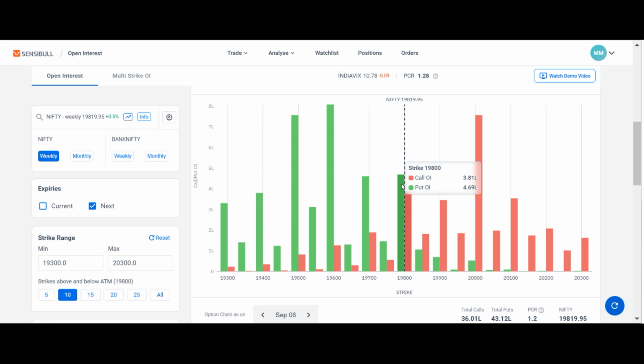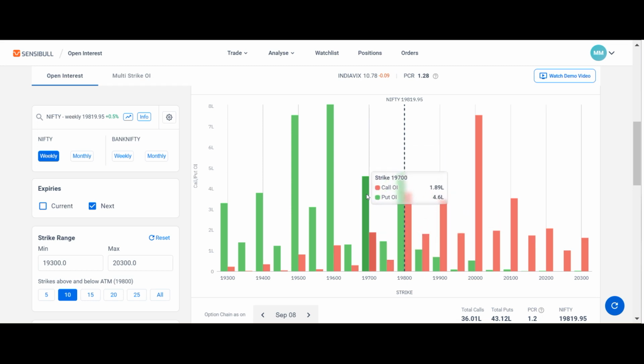The second thing is, whenever call writers are sitting there, they are basically telling us there is a high possibility that the market may remain below that particular level. Currently, this data clearly tells us where our call writing and put writing is. At the 19,800 strike, there are 4,69,000 put writers sitting and 3,81,000 call writers sitting. This is a fighting zone.